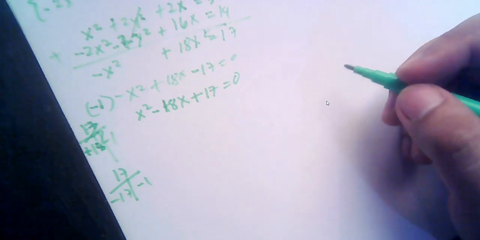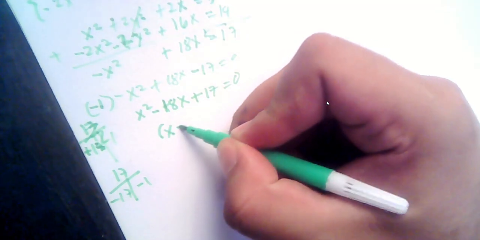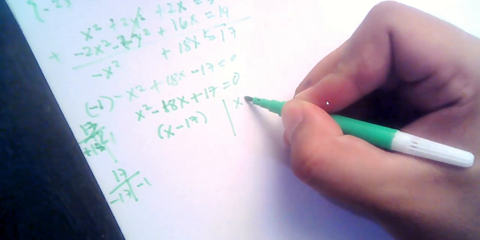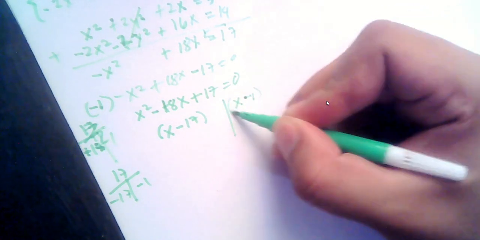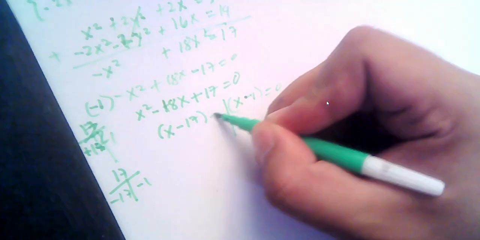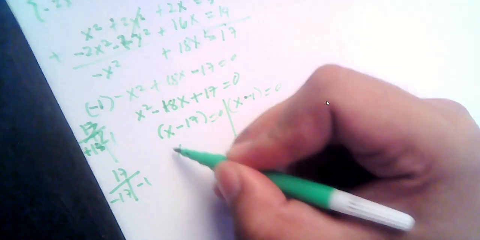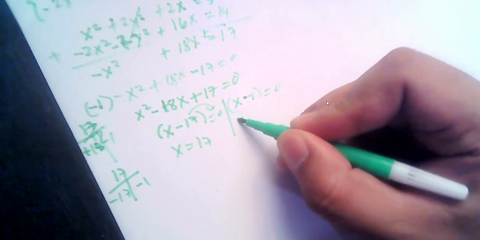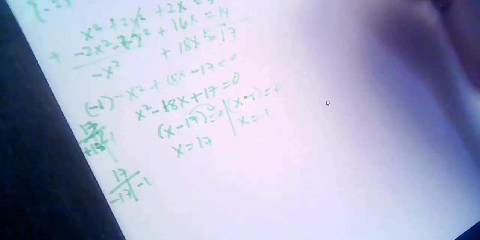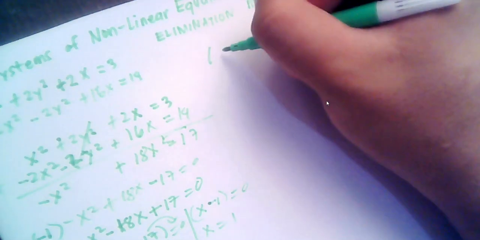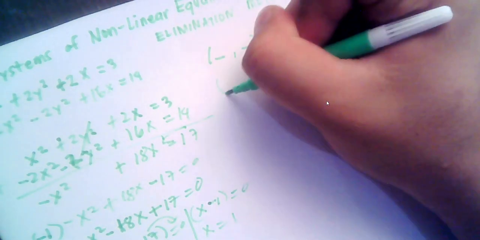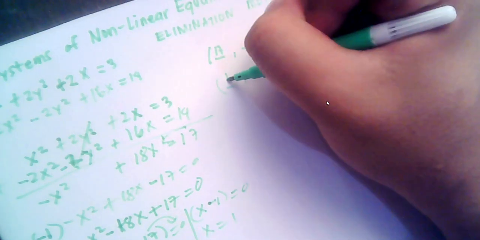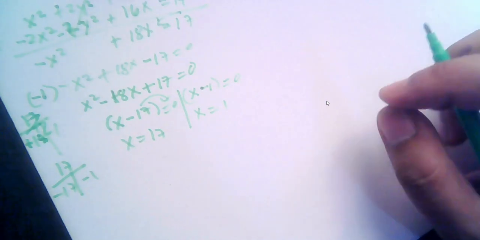So the factors of these are x minus 17 and x minus 1. And we equate to 0, so we can find the x, that is now transpose directly positive 17 and positive 1. So the values of our x's are 17 and 1.